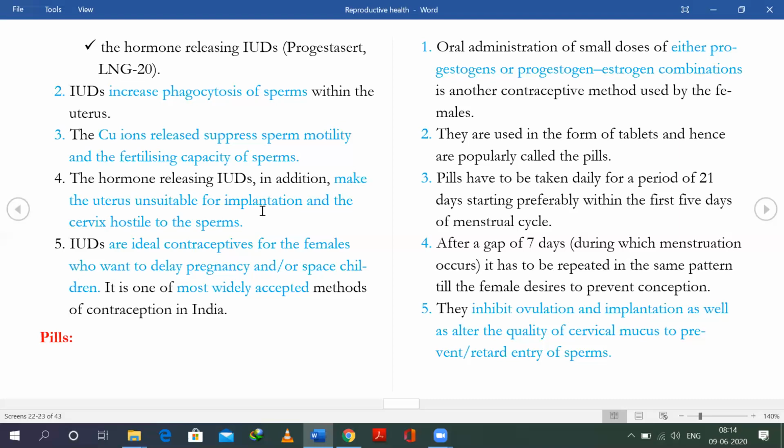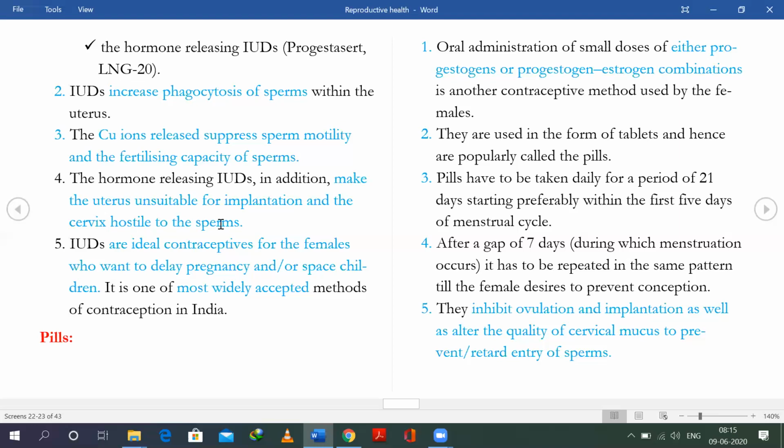The blastocyst has to go and implant itself onto the uterine wall, and you need sufficient mucus secretion along with blood vessels. When you do not have sufficient preparation for this implantation, the implantation will not happen. That is what making it unsuitable for implantation means here.